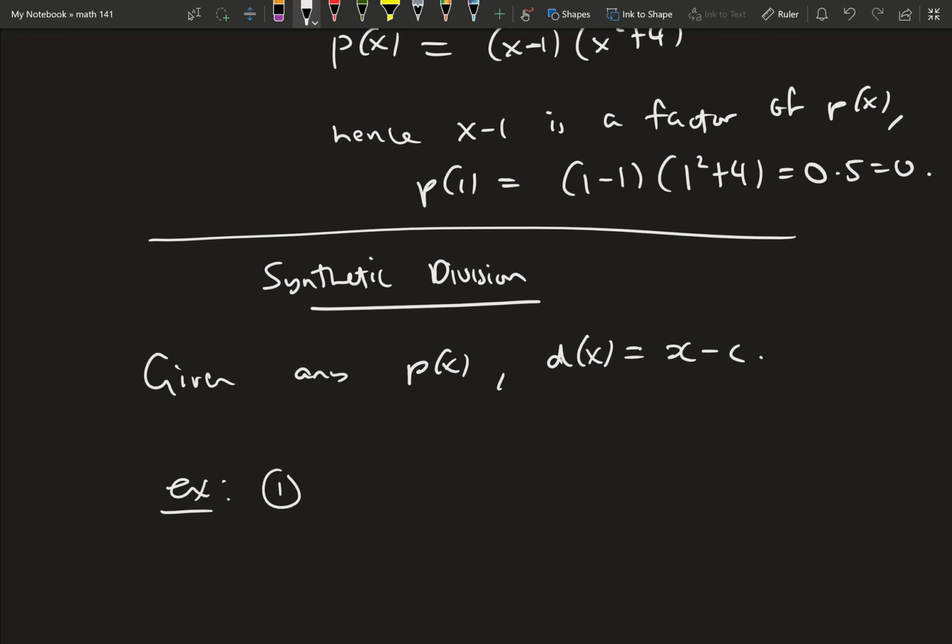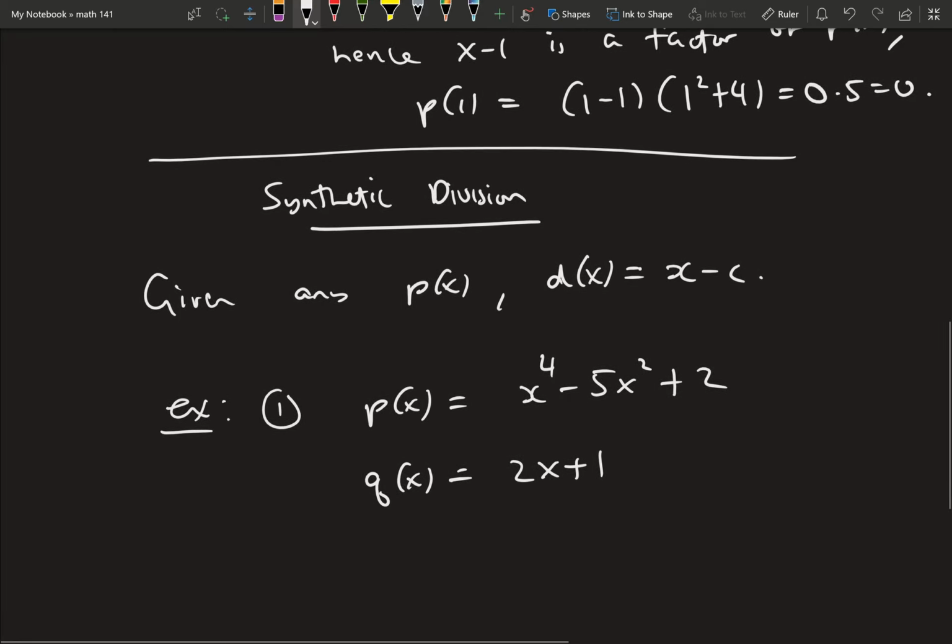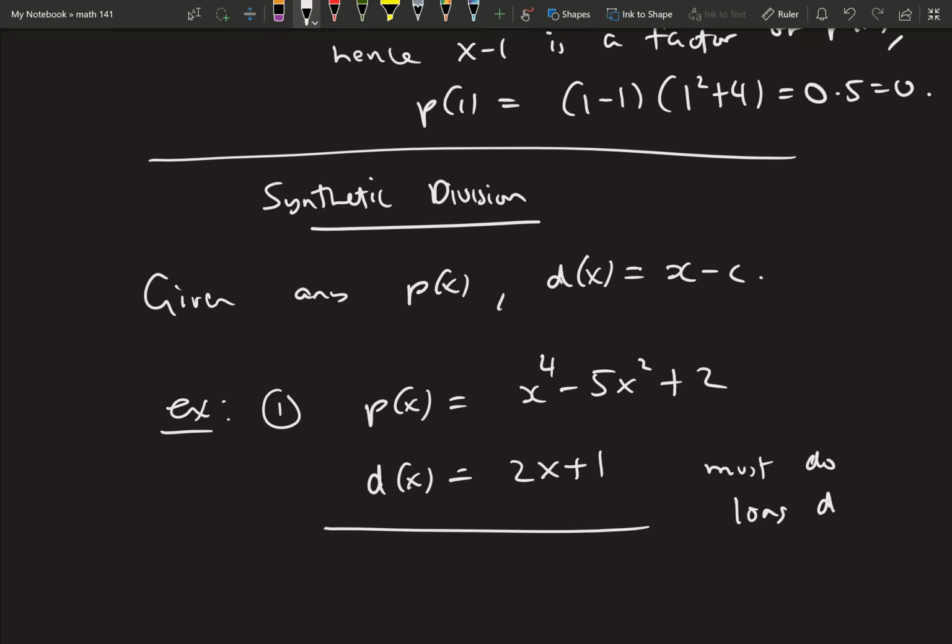So example 1, p of x is, say, x to the 4th minus 5x squared plus 2, and d of x is 2x plus 1, then we must do long division if we want to divide p of x by d of x.